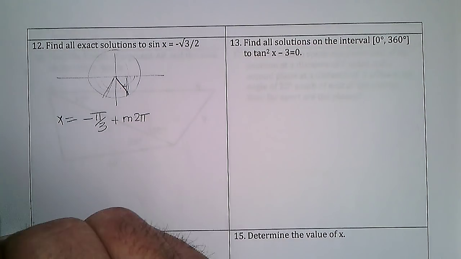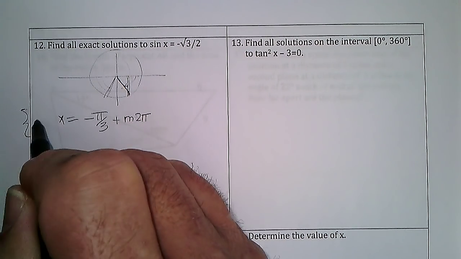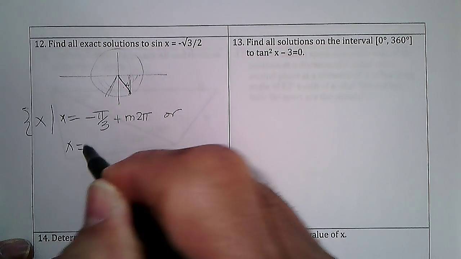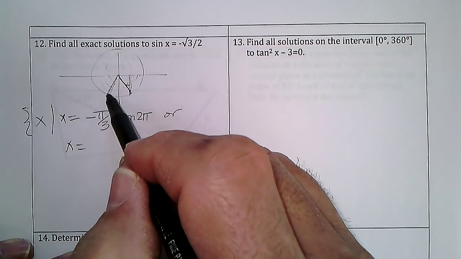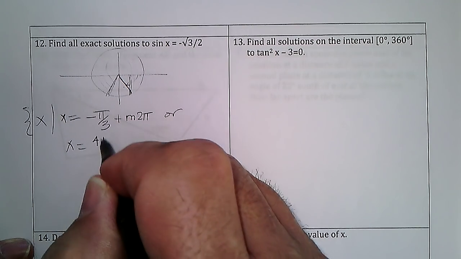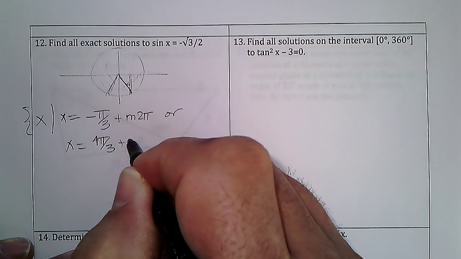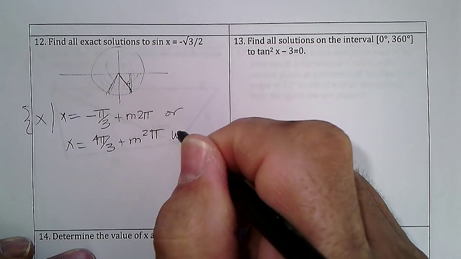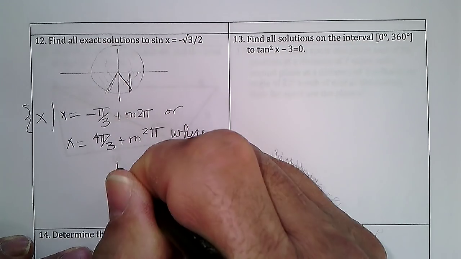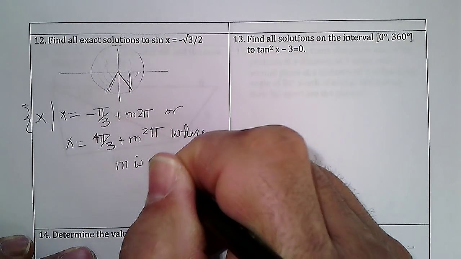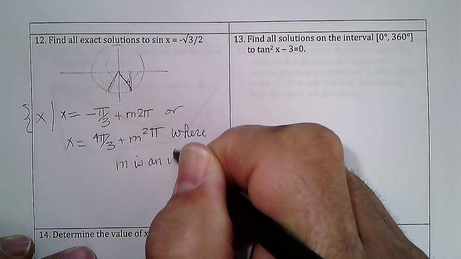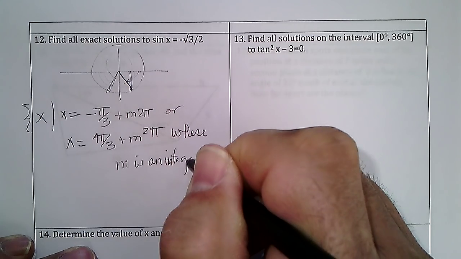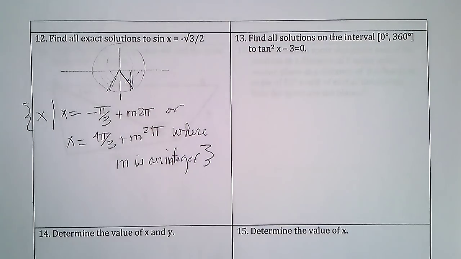So that's one set of answers. Or x could be, the other place is this place over here, 4 pi over 3 plus multiples of 2 pi, where m is an integer, or is an element of the integers, if you want to write it that way.